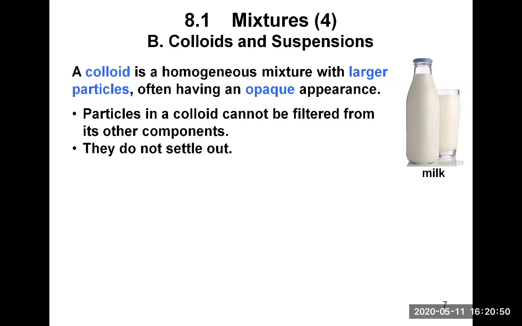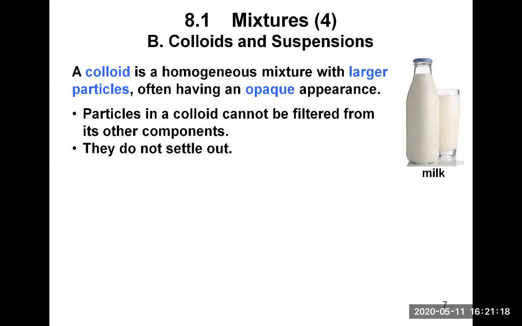So they are not transparent anymore, and you cannot see through them. That's why we say they have an opaque appearance. And so particles in a colloid are larger than in a solution, and they cannot be filtered from its other components. So when you are trying to filter a colloid, everything goes through. You cannot separate the particles by filtration.